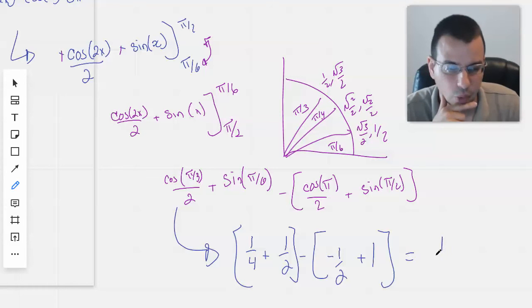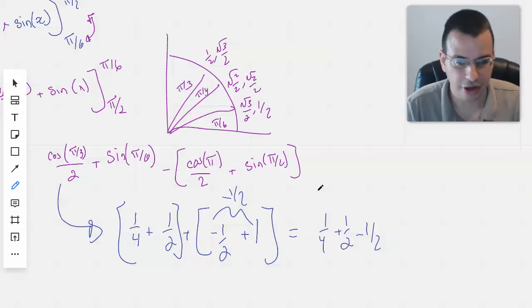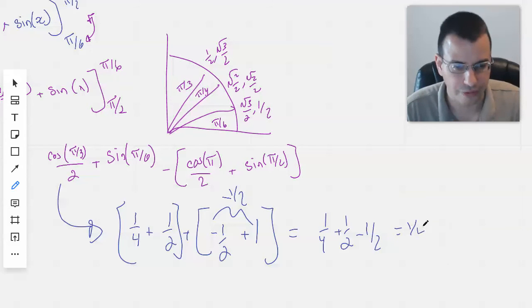So we have 1/4 plus 1/2. These together is 1/2, but then there's a negative sign, so it'll be minus 1/2. And this will give us a total answer of 1/4.